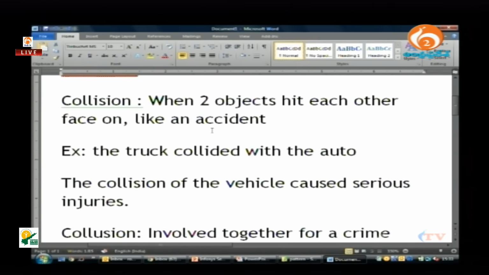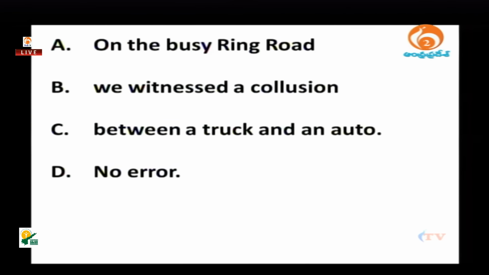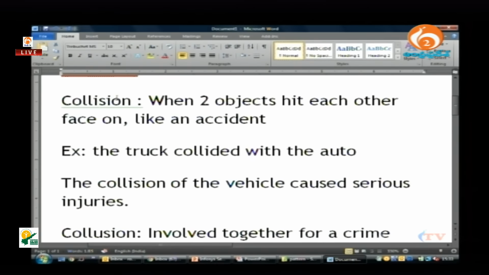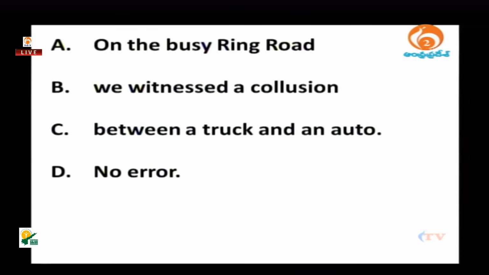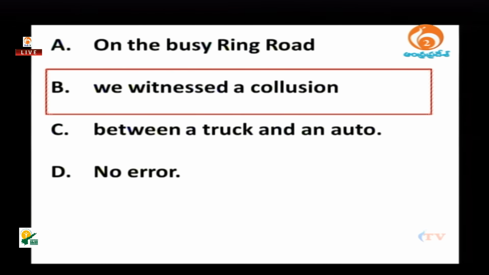Now if you look at this entire statement, it says on the busy road we witnessed a collusion. It's not collusion, it should be collision. That's why B is the option where there is an error. It's not a spelling mistake, but grammatically the context is wrong.